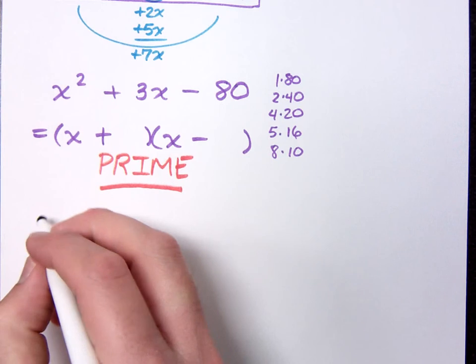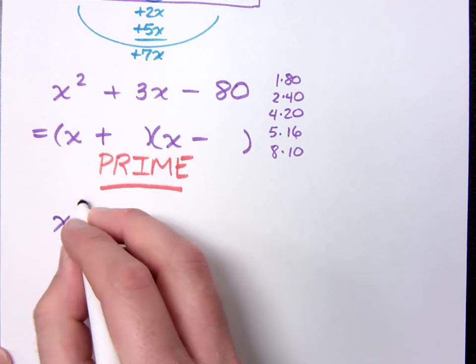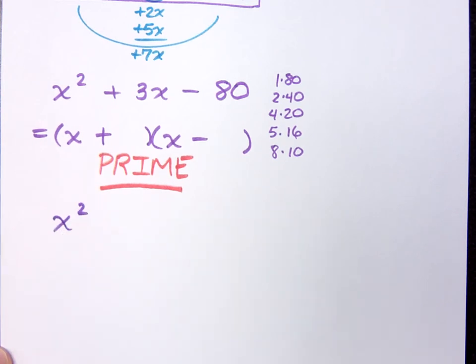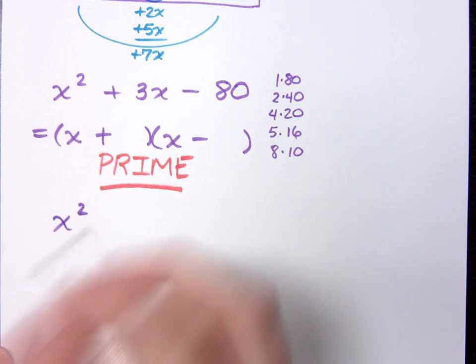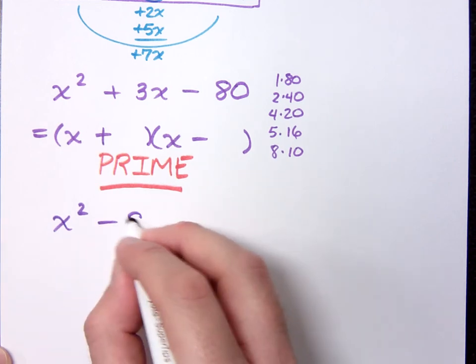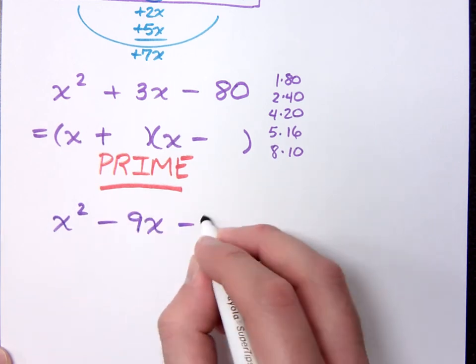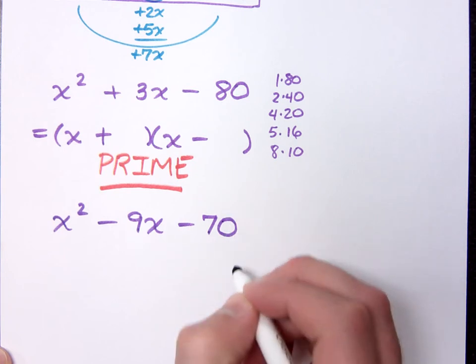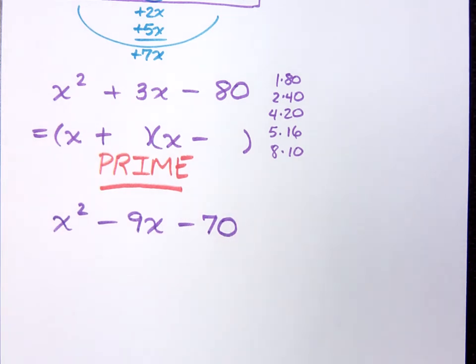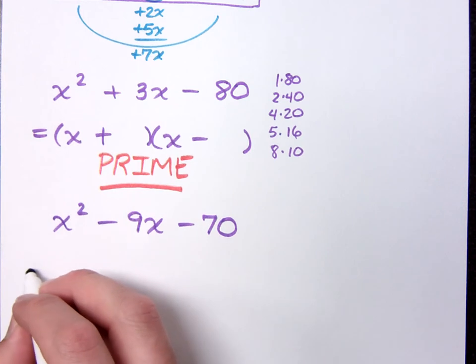Okay. Let's change this up a little bit. x squared minus 9x minus 70. Is there a common factor to take out of everybody?